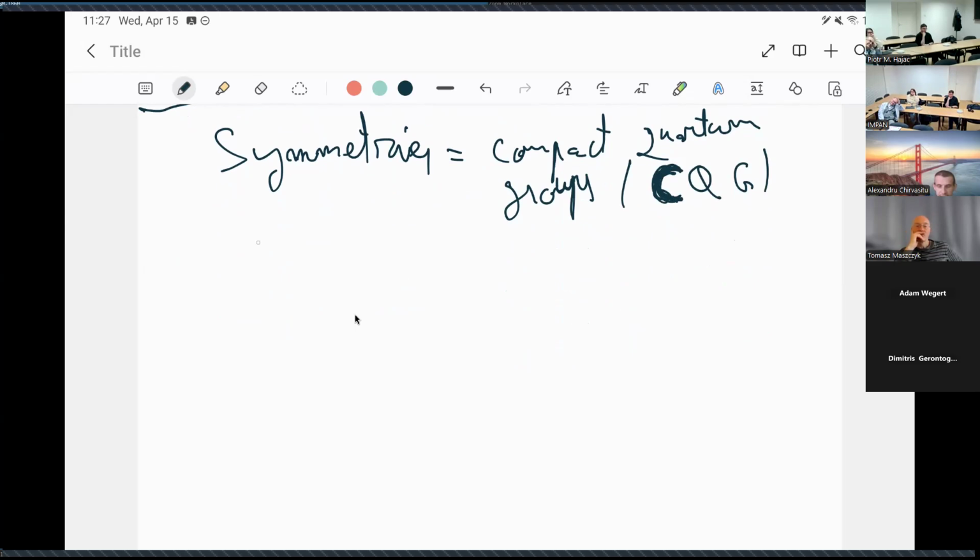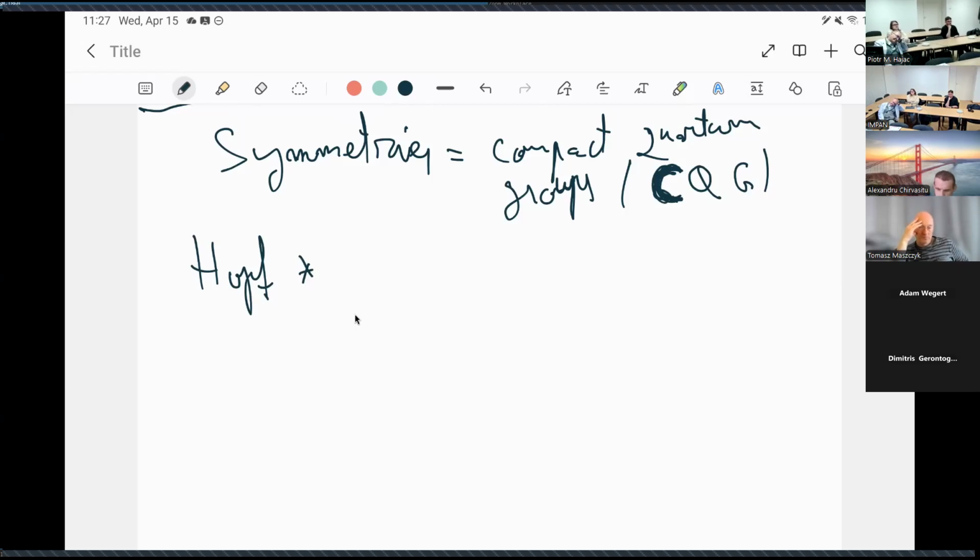In the guise of algebras of regular functions. So this is like an algebraic variety. So a complex Hopf star algebra. This means a Hopf algebra with a star structure, meaning complex conjugate, multiplication reversing as usual.